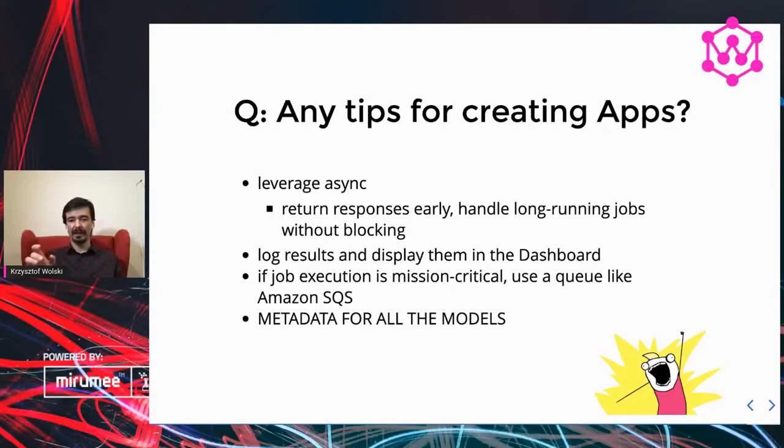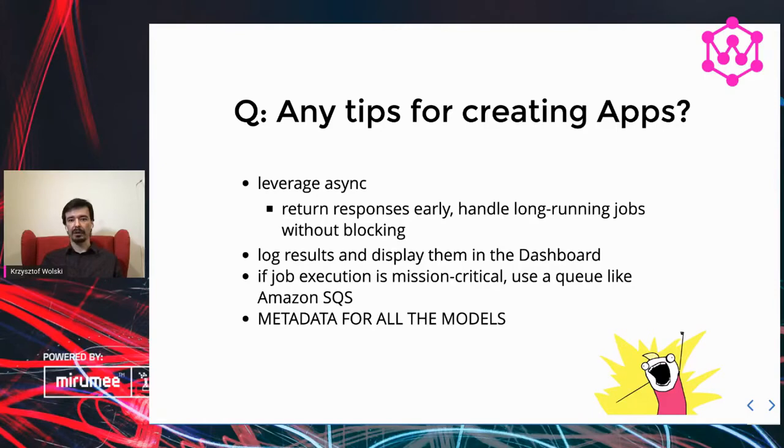And a few tips for creating apps. Embrace asynchronous execution, return early, and you can handle long-running jobs without blocking the client for the response. It's very important, especially if you communicate with an external service and you need to wait for a response from them.